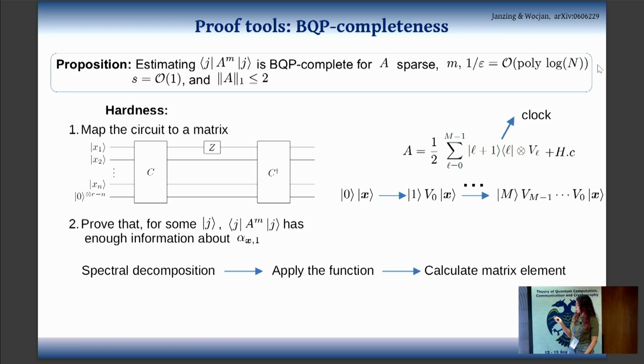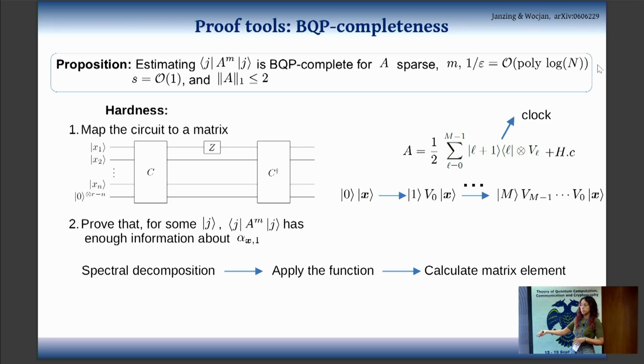So all the gates of the circuit are contained in this matrix, and it is a Hermitian matrix. It's possible to show that this matrix has one norm bounded by 2, and that its sparsity is 4 or 8. No, I'm not sure, but some constant number.